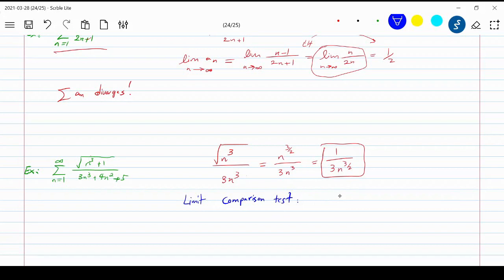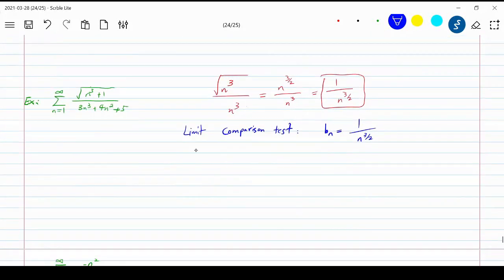And I'm going to pick bn to be basically this: 1 over n to the power 3/2. You can ignore the 3 also; this is not really necessary. This is what I pick for bn. Why do I pick this?